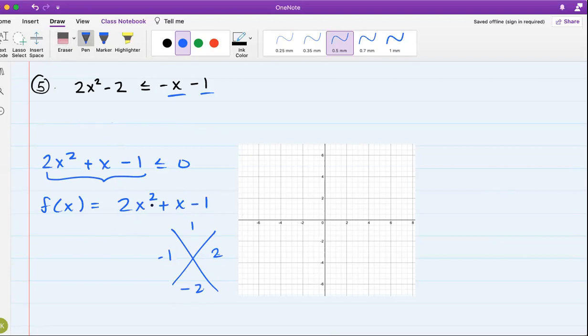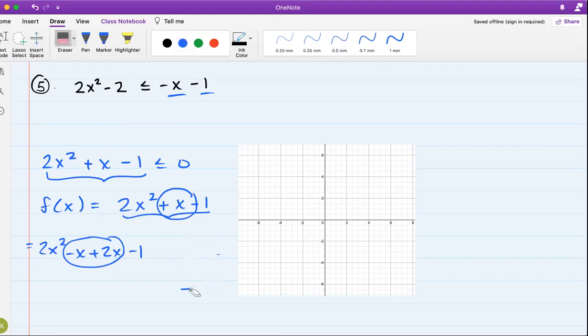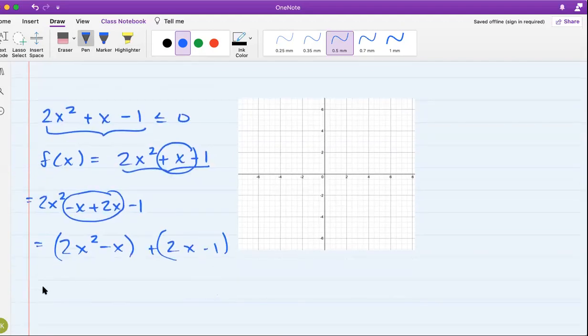So to factor this, I'm going to break this up into 2x squared minus x plus 2x minus 1. All I did was take this number in the middle, which was x, and make it a minus 1x and a 2x, which is right here. That's how I use these 2 numbers. From there, I group the first 2 and the last 2, and then I take out the greatest common factor in both, which is x for this one, and then I can just take out a 1 for this one.